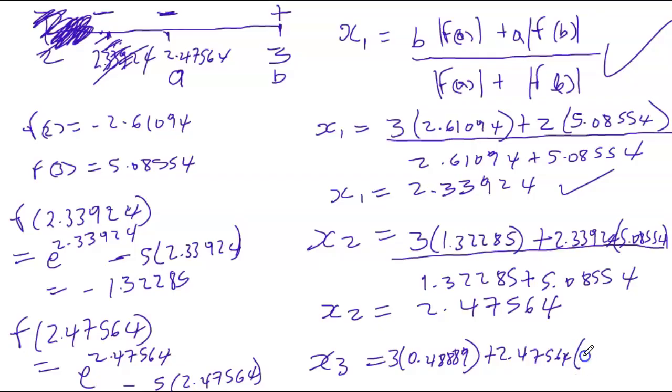That's 5.08554 all over f of a plus f of b, and we already have those.